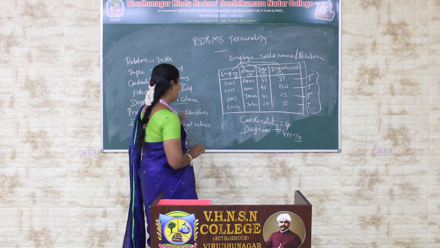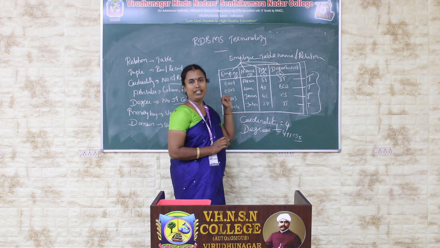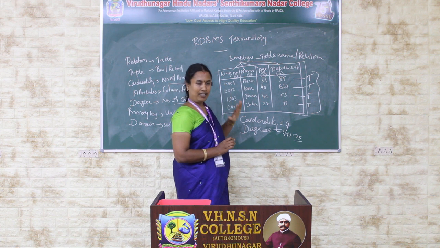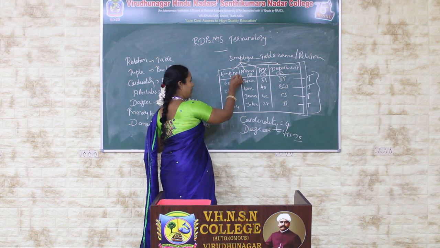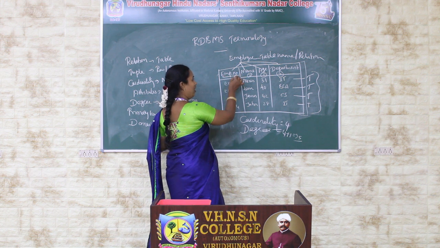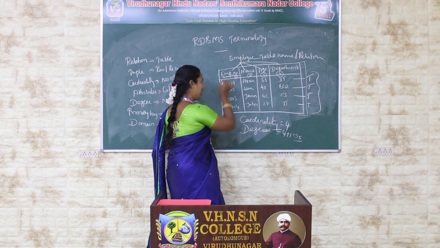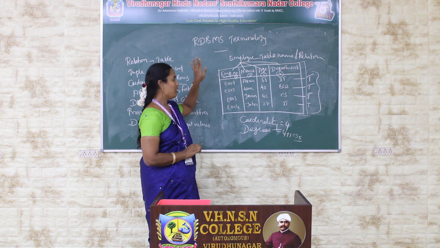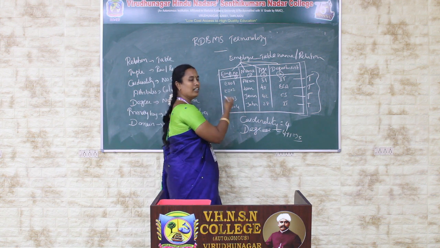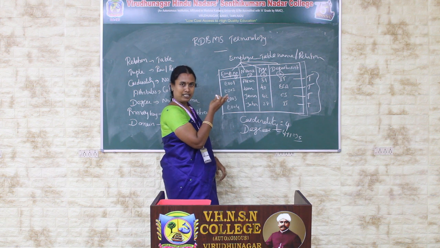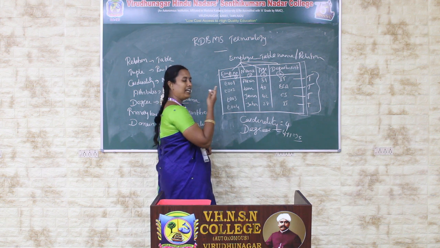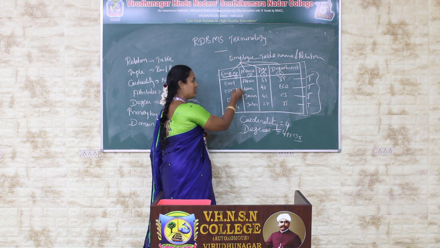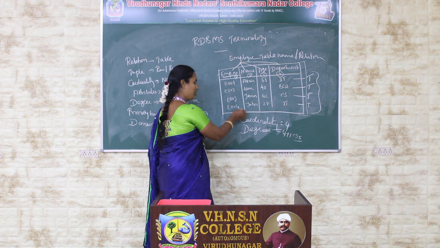Okay. The next, primary key. What is a primary key? A primary key is used to identify uniquely a record in a particular table. Here I take employee number as the primary key. The primary key is always shown in the ER diagram underlined within an elliptical symbol. Here employee number is the primary key. Why? The name may be common to more than one person, but the employee number can be assigned uniquely. In this example I mentioned E001, 002, 003, 004.